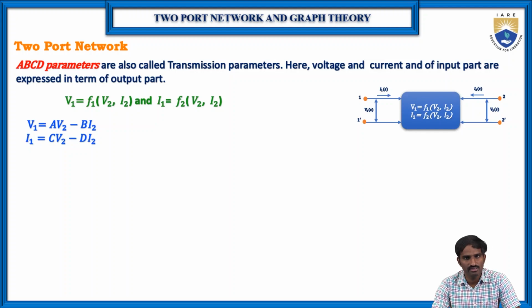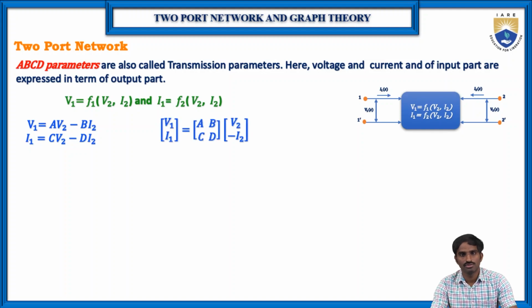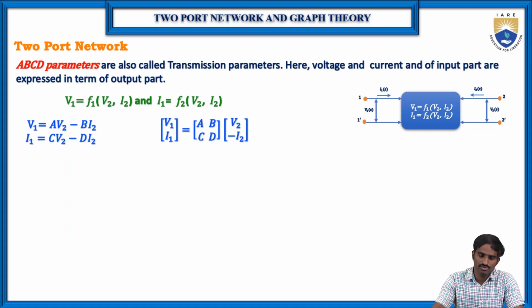Then we write these equations in matrix form. So [V1; I1] is equal to the ABCD matrix into [V2; -I2]. We will see the minus sign later, because before it was V1 equal to AV2 plus BI2, but here it has the minus sign, and I will explain why.